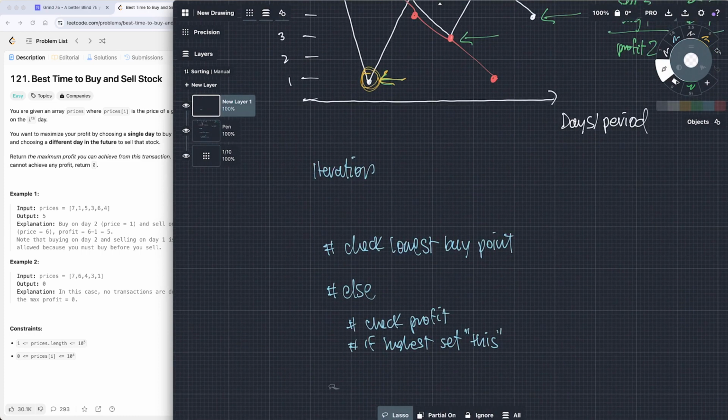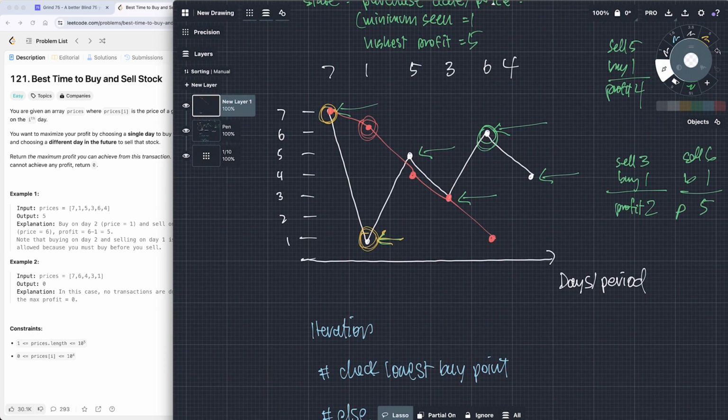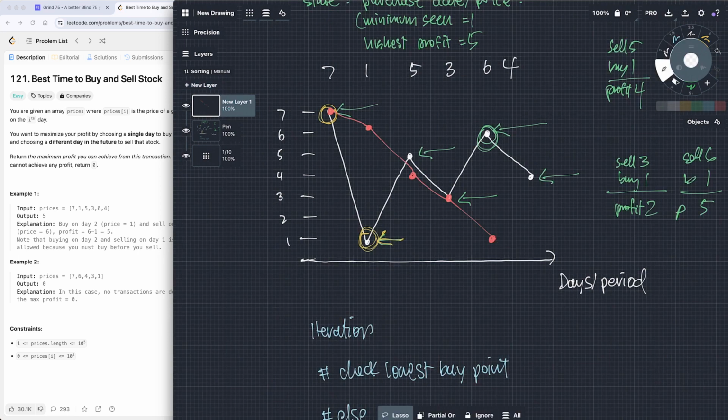Right. So that's probably our iteration logic. We go from that 6 to the 5, the new lowest, to the 3, a new lowest, 6, a new lowest. So the maximum profit is 0.